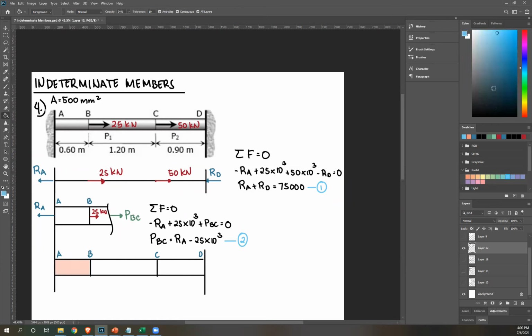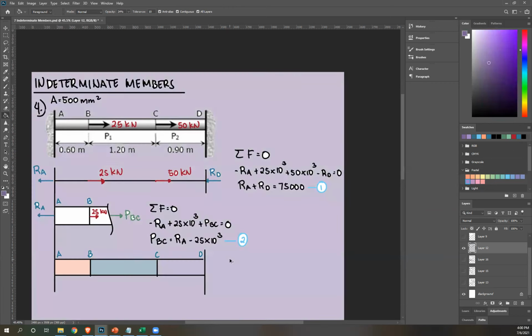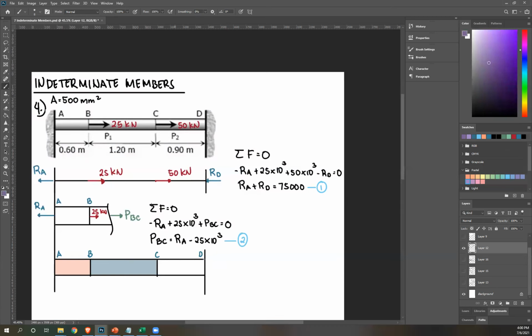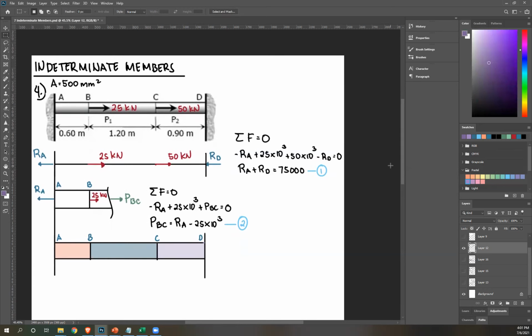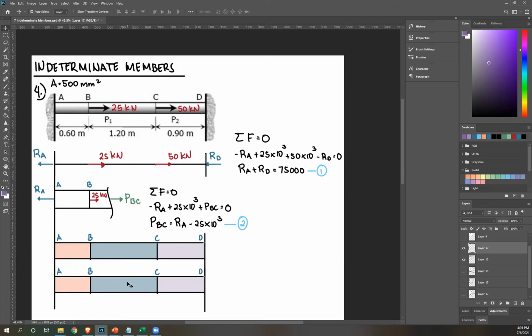Orange, blue. Okay. Now what happens here?